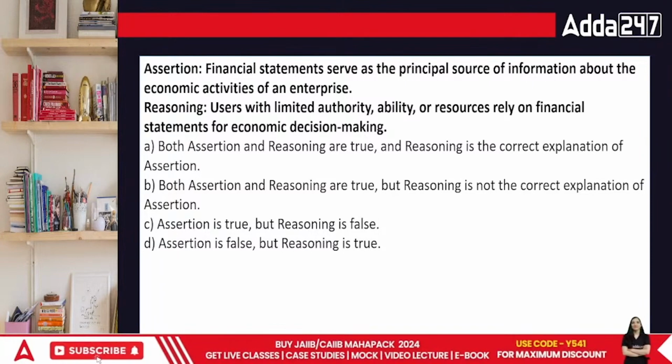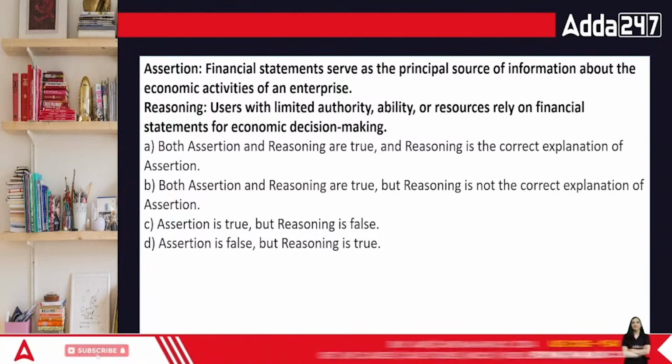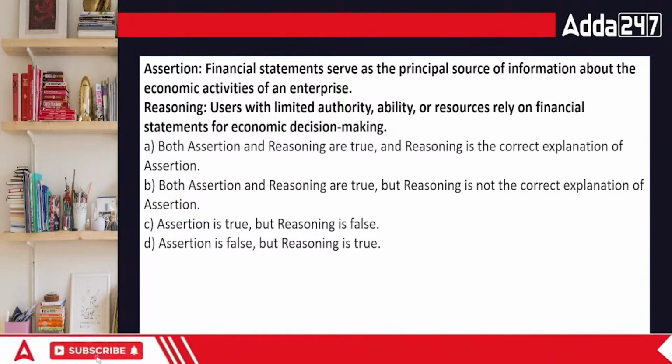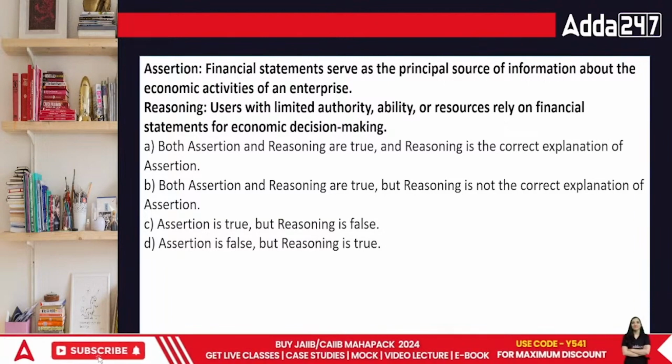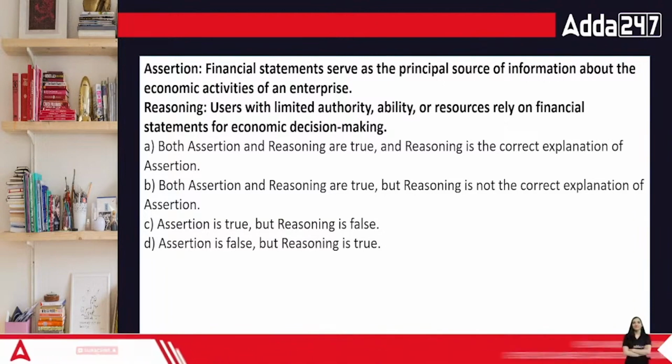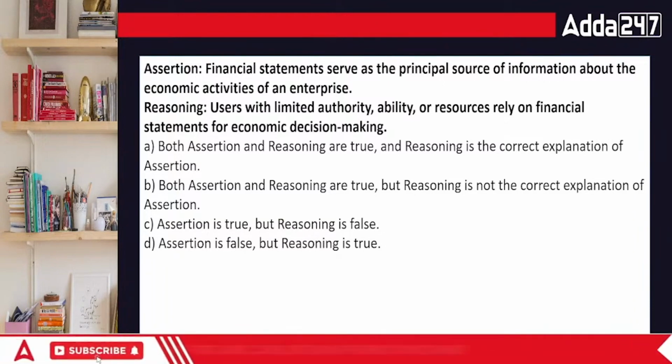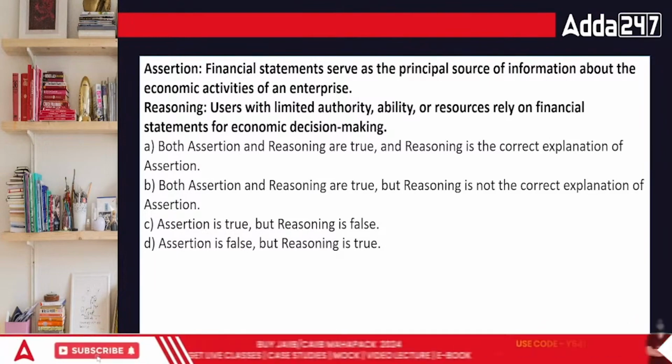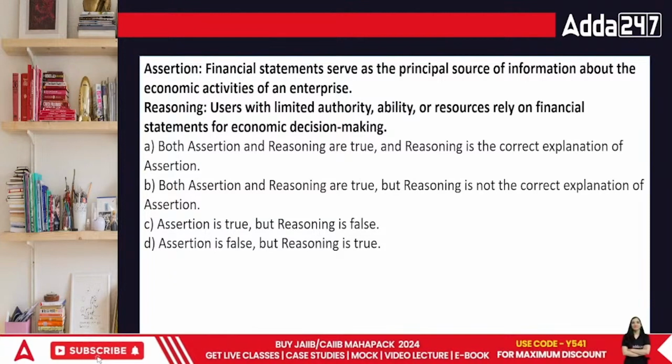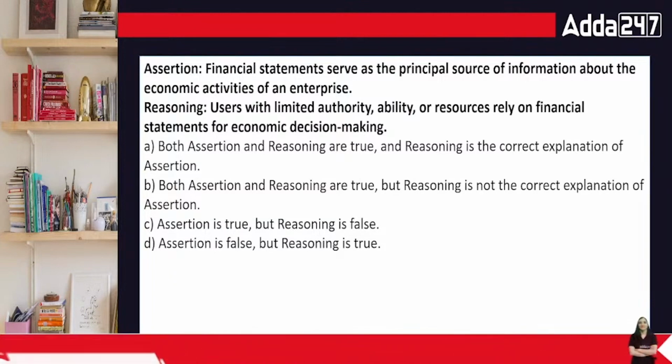And users with limited authority, ability, or resources rely on financial statements for economic decision making. Both assertion and reasoning are true, and reasoning is the correct explanation. Both are false. Both are true, but reasoning is false. Assertion is true, reasoning is false, and assertion is false, but the reasoning is true.